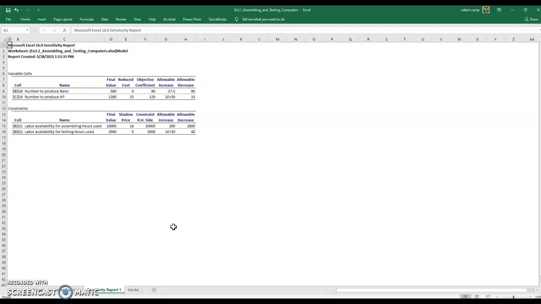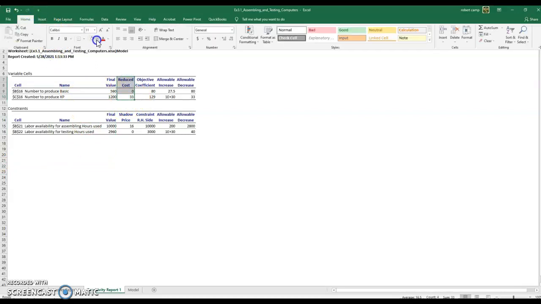So notice this is broken up into constraints and variable cells. And so if we take a look at things, we have our final values here, and our final values are just drawn from our final model. And so let's pick apart some of these, and the first one is, let's look at this reduced cost.